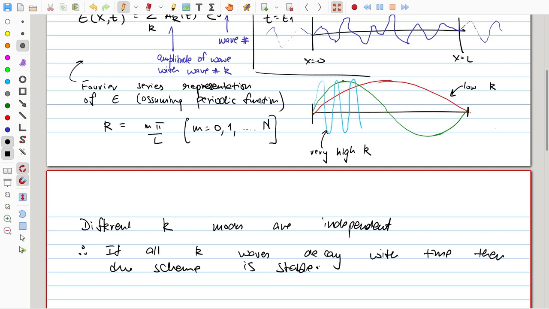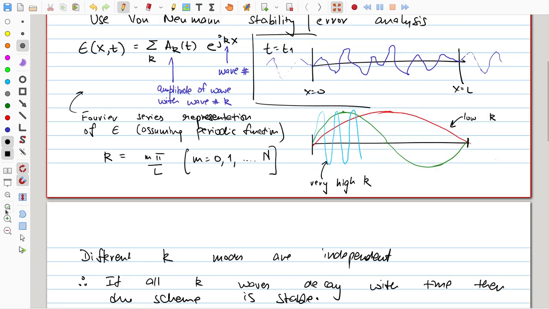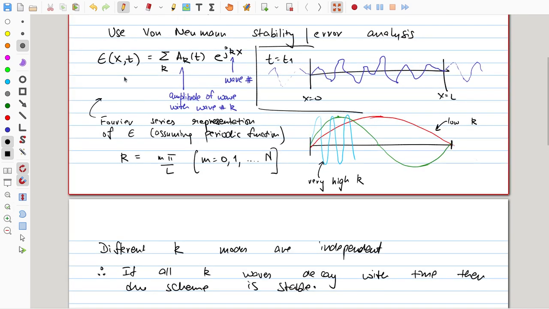Now we will convert this statement to a mathematical statement and then start working on the mathematics here. I'll just repeat the idea that we are writing epsilon as a linear combination. If you look at the epsilon function here, we are writing it as a sum of different harmonics.